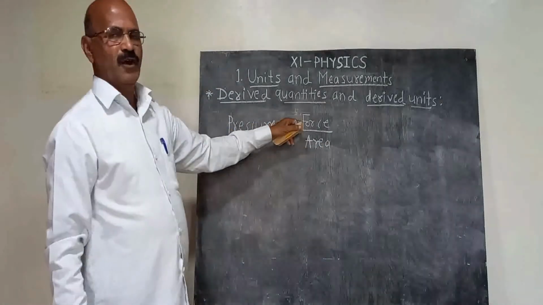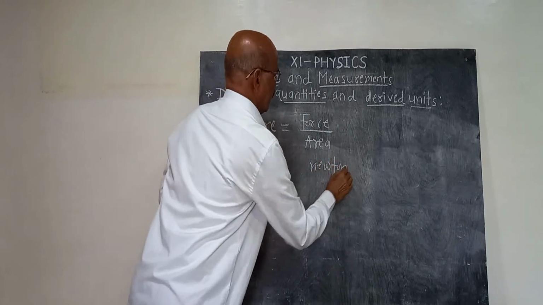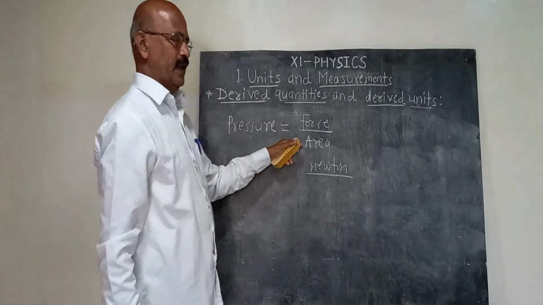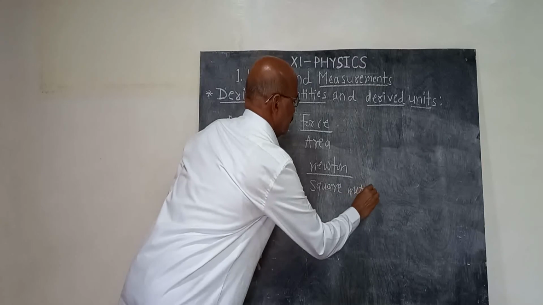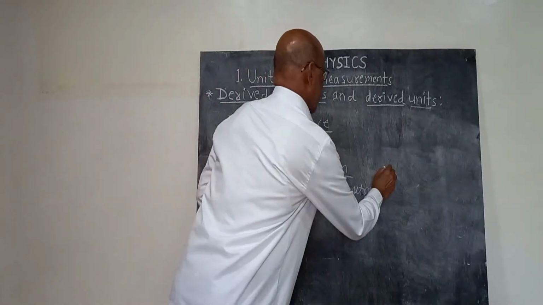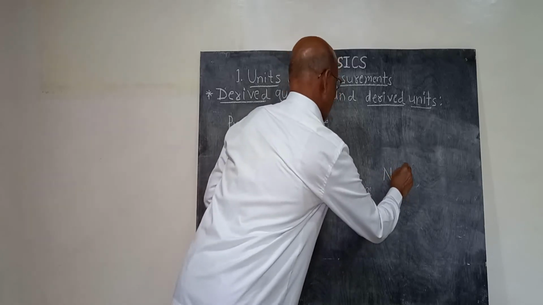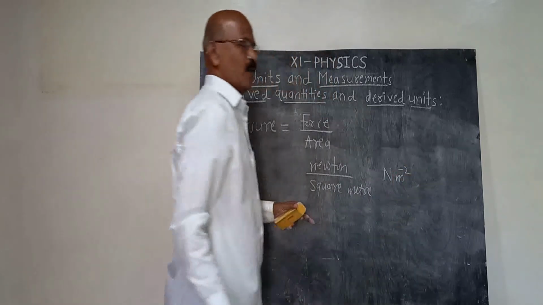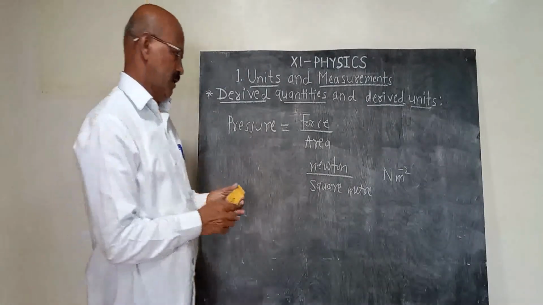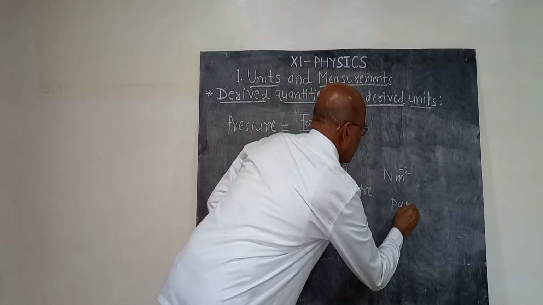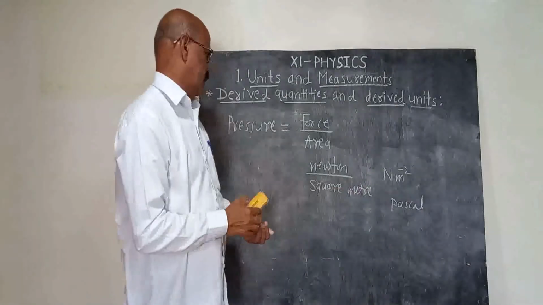By knowing the SI unit of force, Newton, and the SI unit of area, square meter, symbolically it is represented as Newton per square meter, N m raised to minus 2, and it has the special name Pascal. So the SI unit of pressure is Pascal.